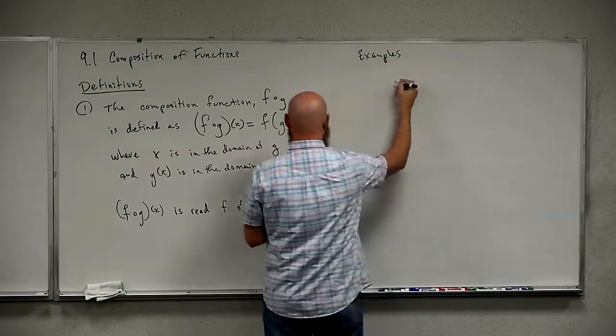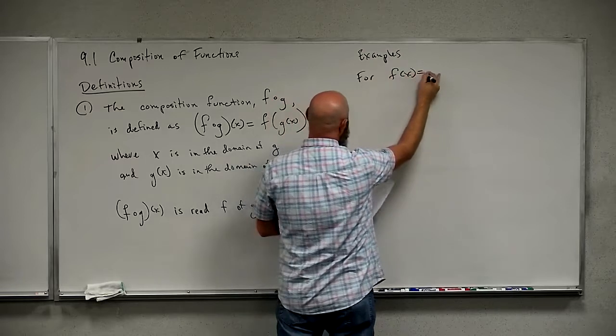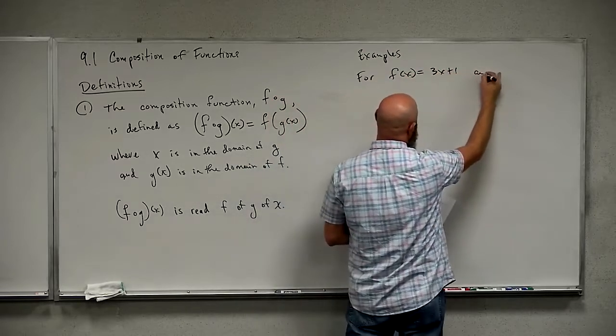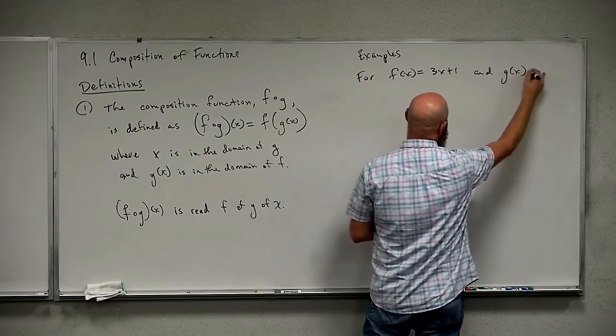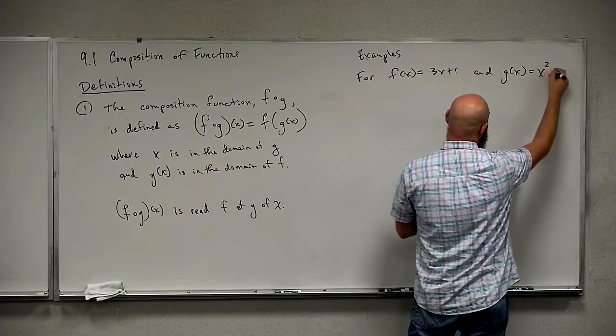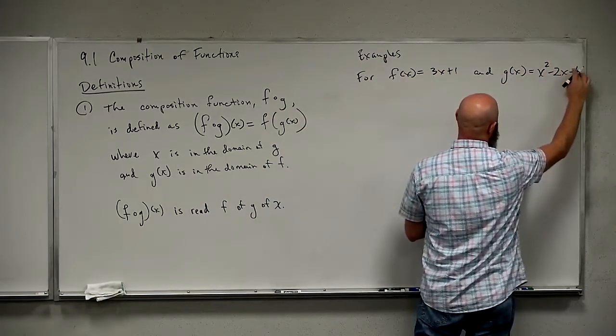Okay, for f of x equals 3x plus 1 and g of x equals x squared minus 2x minus 6.